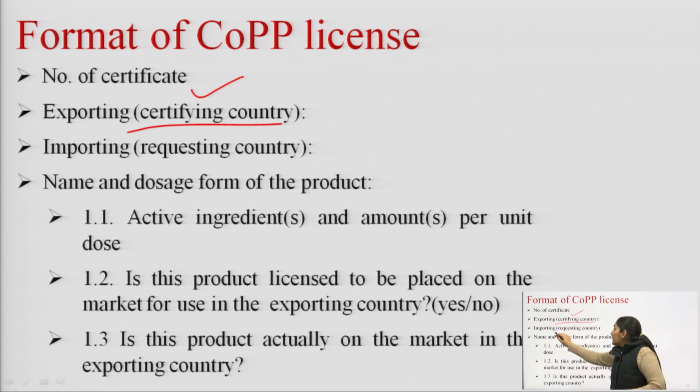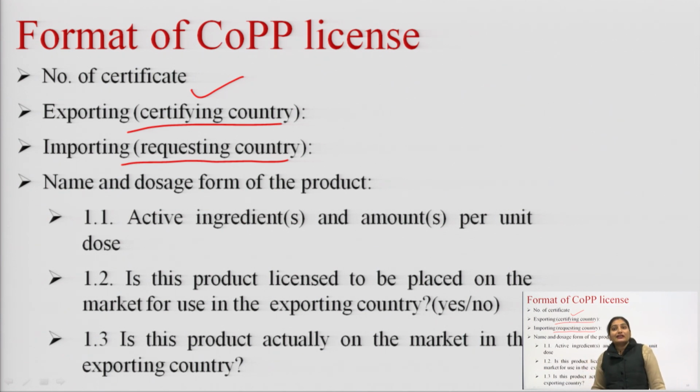Okay. Next is the importing country or requesting country. See, the importing country needs the COPP license to get assurance about the quality of the manufacturing facility of the exporting country, and by this license the exporting country gets certified.